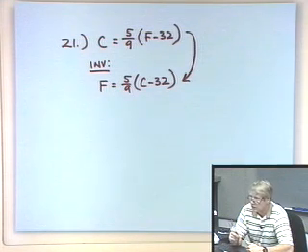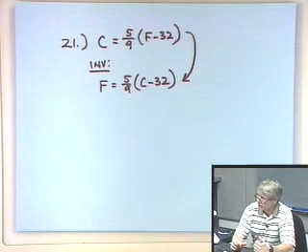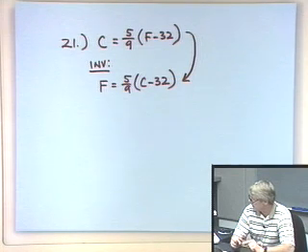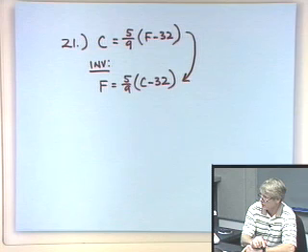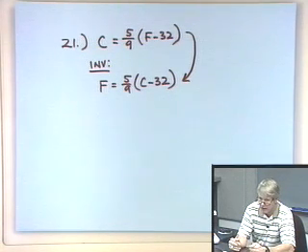Now, could we take the original function and solve it for F? Okay, we could, right? And then we'd have basically the same relationship, the same exact set of points, where we could plug in certain C values and find the corresponding F value. But now we're abandoning that.